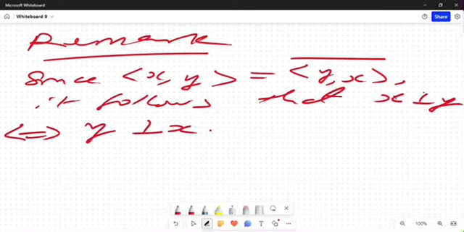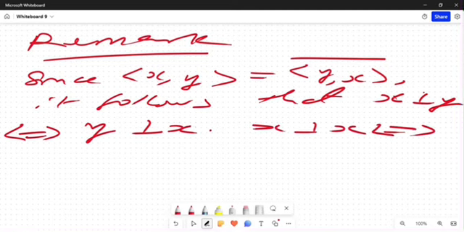Moreover, x is also perpendicular to itself: x pap x if and only if x is a 0 vector.